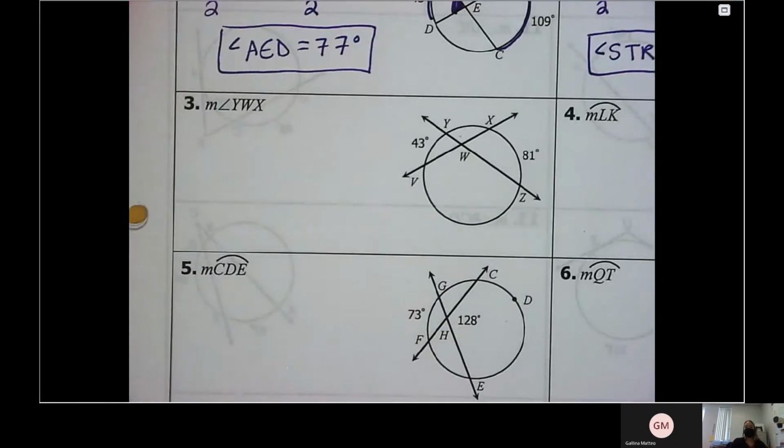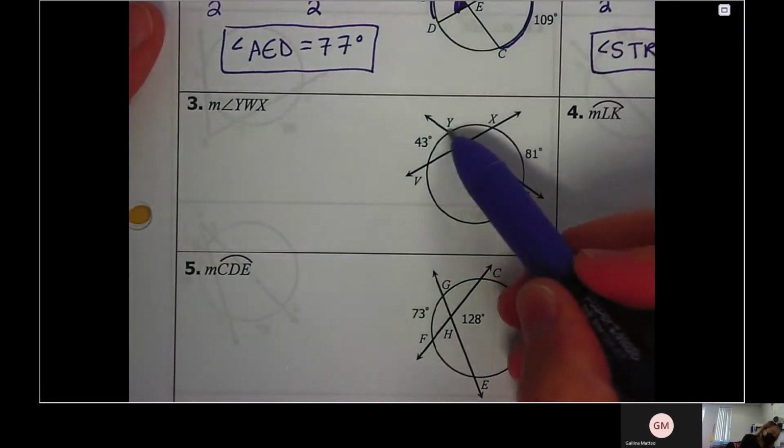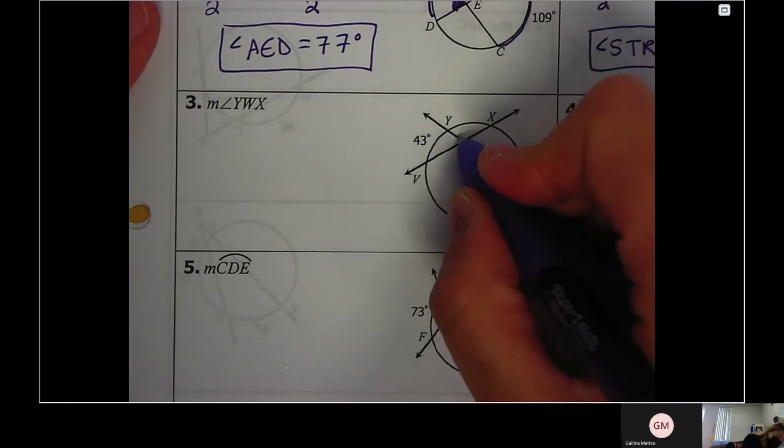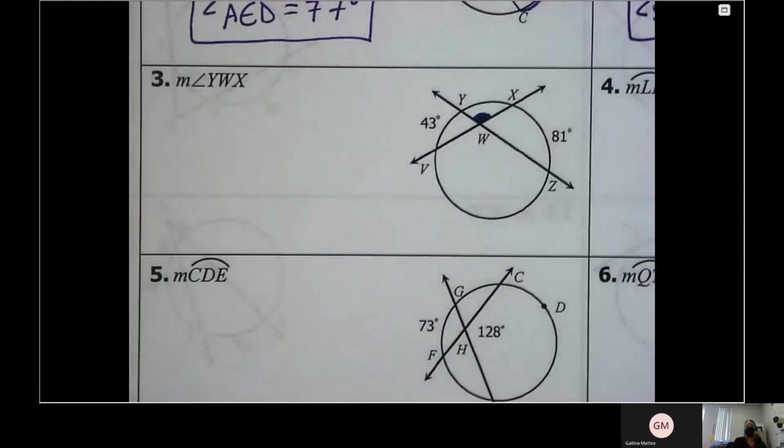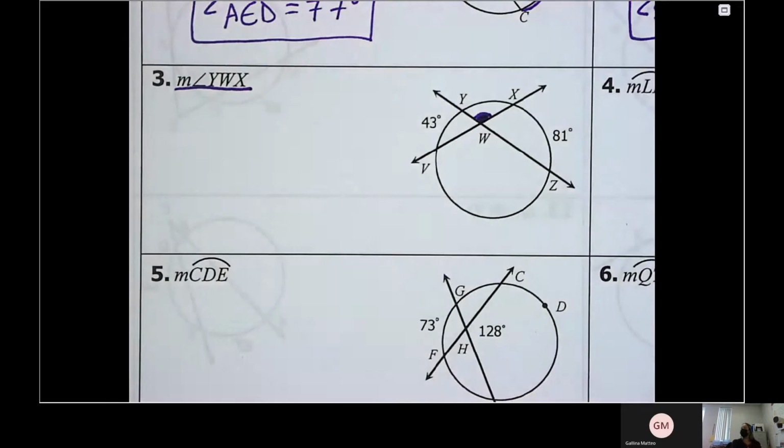Number 3. Measure of angle YWX. Now, that's this angle up here. Add the 81.4.